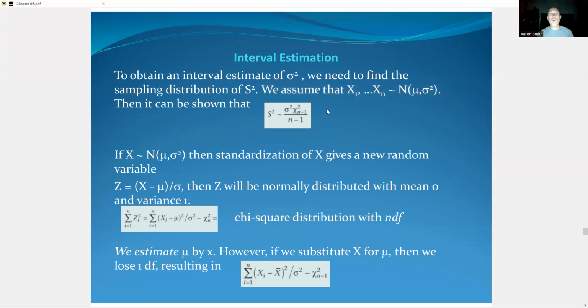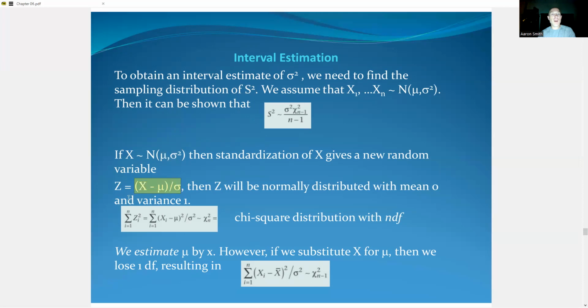Then it can be shown that s squared is distributed as a chi-squared random variable with n minus 1 degrees of freedom times sigma squared divided by n minus 1. You'll notice that mu does not play a role in this. Now, if x is normally distributed with mean mu and variance sigma squared, then the standardization of x gives a new random variable, z.